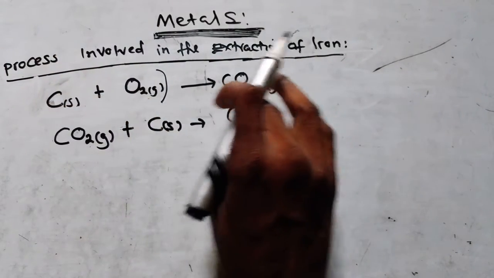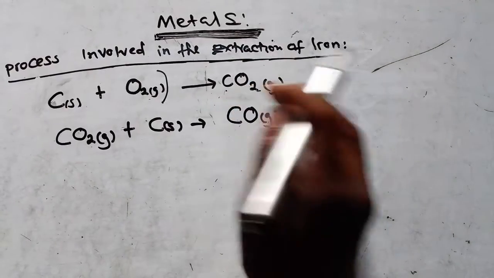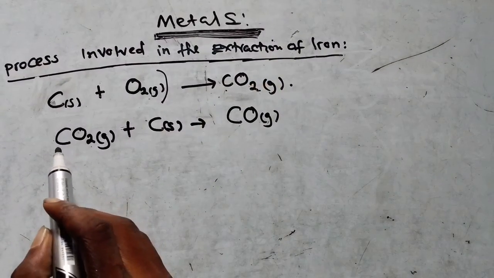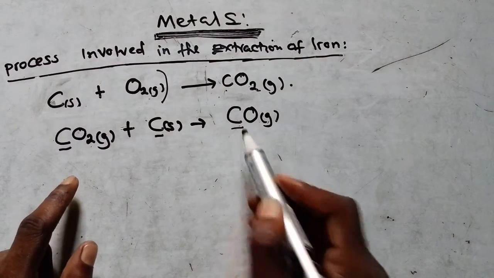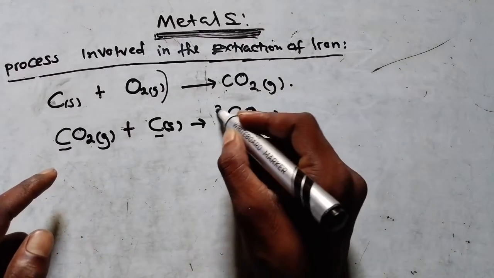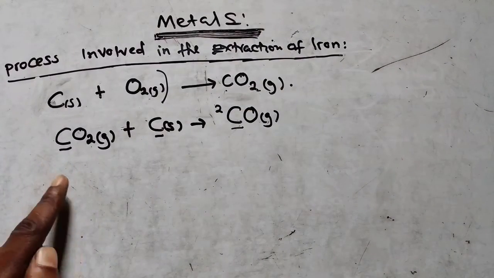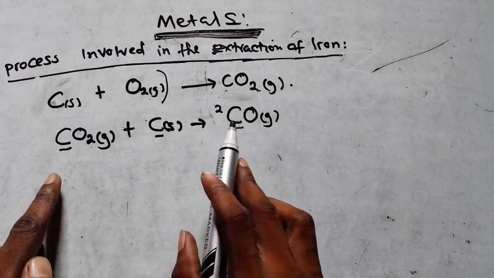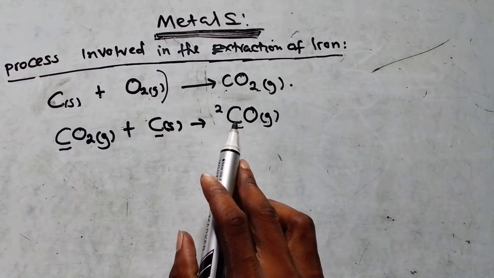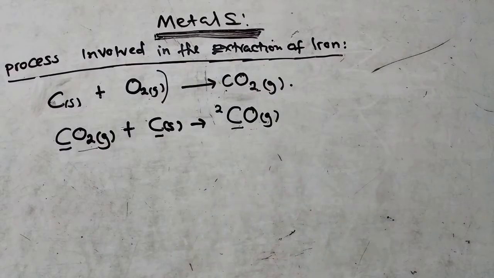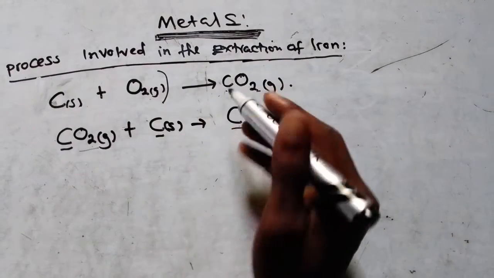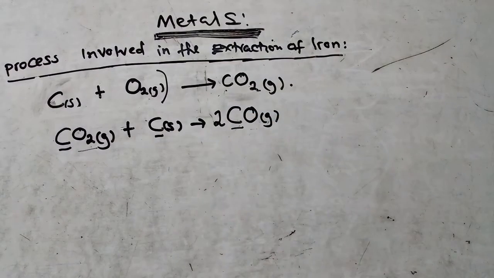Then let's come to the next equation. Here we have carbon and here we have carbon, so we have 2 carbons, while here we have 1 carbon. So we put a 2 to balance it. Now we have 2 carbons on both sides, and 2 oxygen on both sides, so it has been balanced. That's what we do in chemistry.